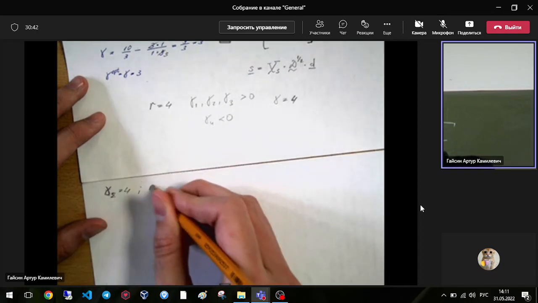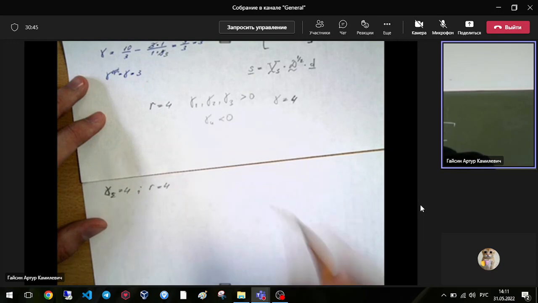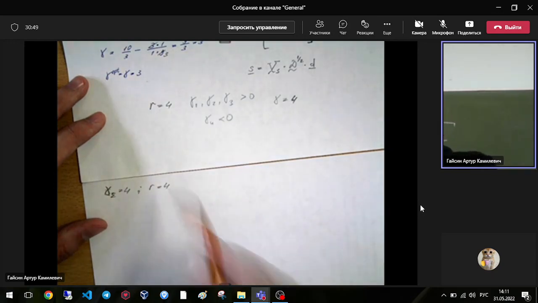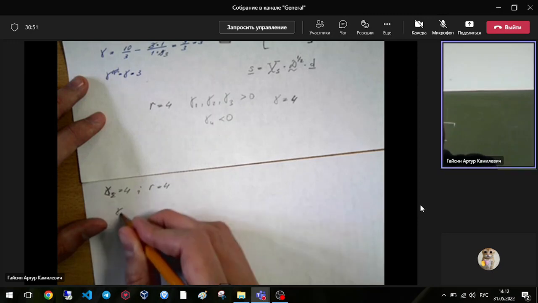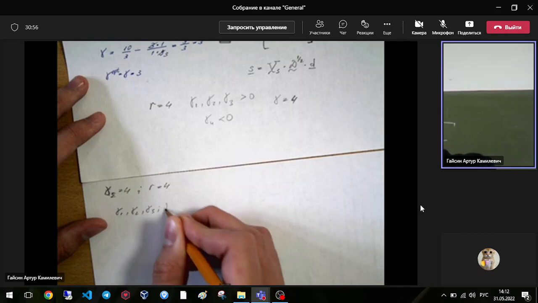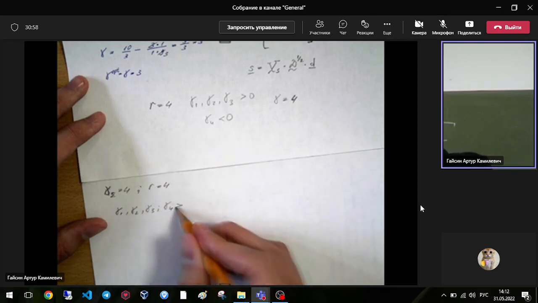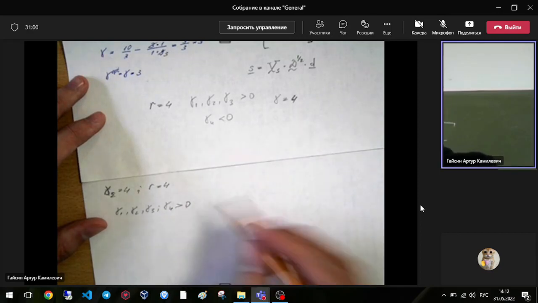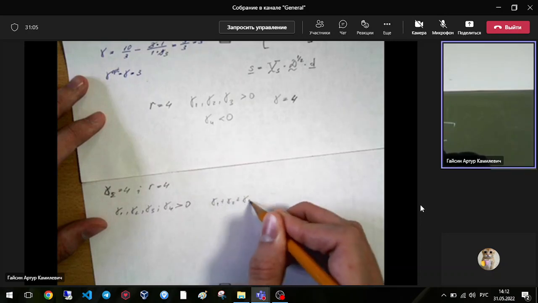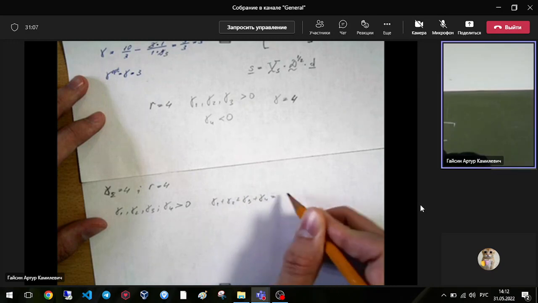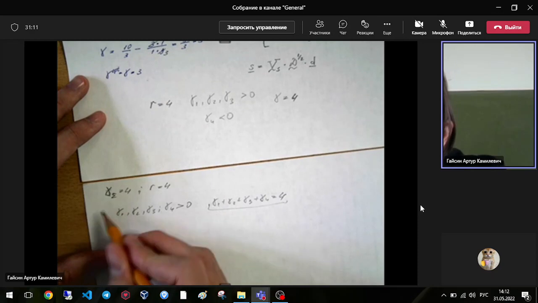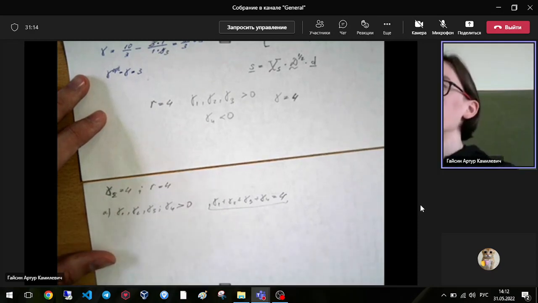The rank and the number of data streams, for example, is 4. And first, let's assume that all these values are bigger than 0. So we will have this summation of lambda 1, lambda 2, lambda 3, and lambda 4 equal to 4. It is, for example, case A.